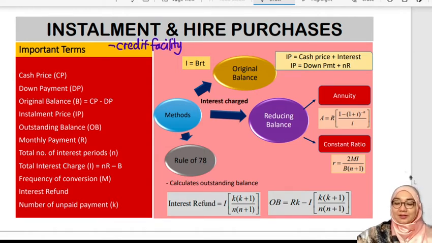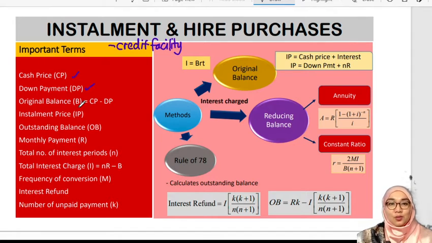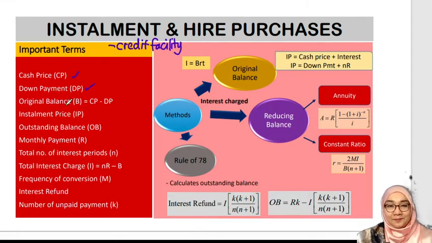Alright, kita tengok quick look at the important terms. Cash price ni adalah harga kalau you beli secara tunai, and then down payment you dah tahu kan, sebelum ni dah pernah belajar. Down payment adalah the initial amount that you have to pay. So bila you go for installment plan, you have to pay some amount, for example 10% or 40%, you kena bayar cash lah.